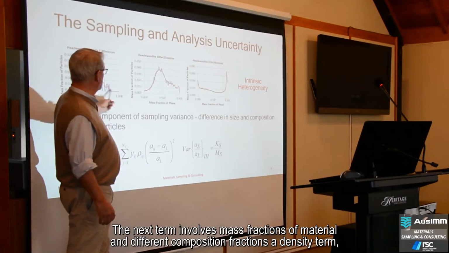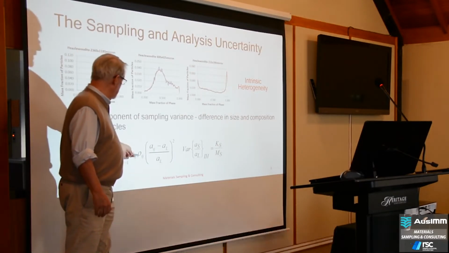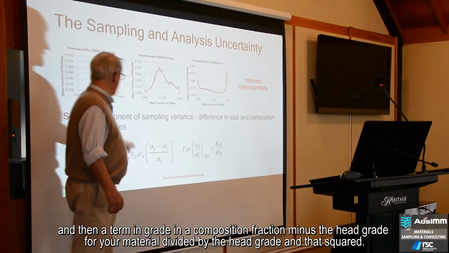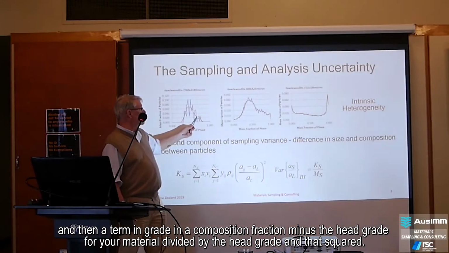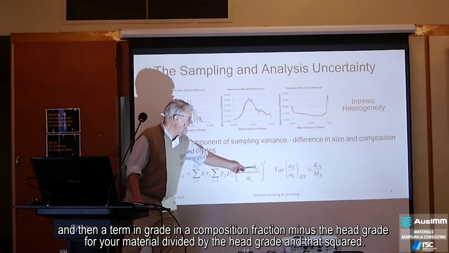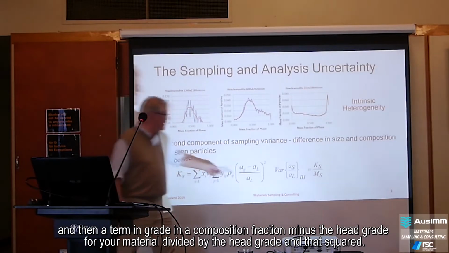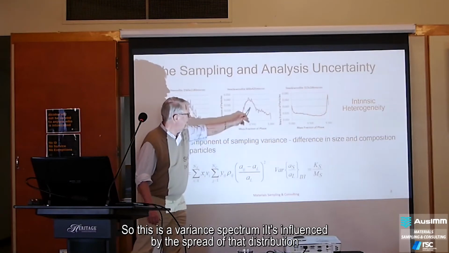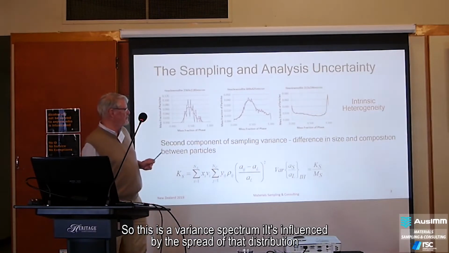mass fractions of material in different composition fractions, a density term, and then a term in grade in a composition fraction minus the head grade for your material divided by the head grade, and that's squared. So this is a variance type term. It's influenced by the spread of that distribution.